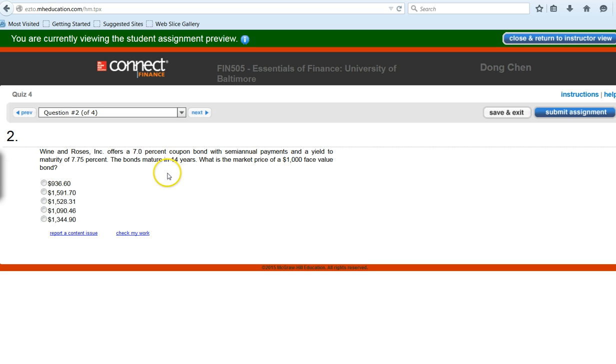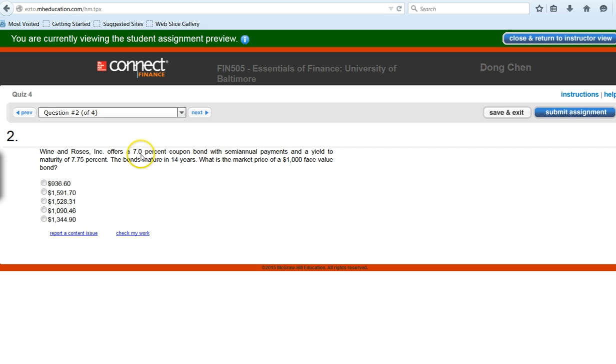What is a bit unconventional is this semi-annual payments. So if everything is annual, we can just work with the numbers pretty straightforwardly. But here, since the coupon is paid semi-annually, we have to work with semi-annual numbers for each input.